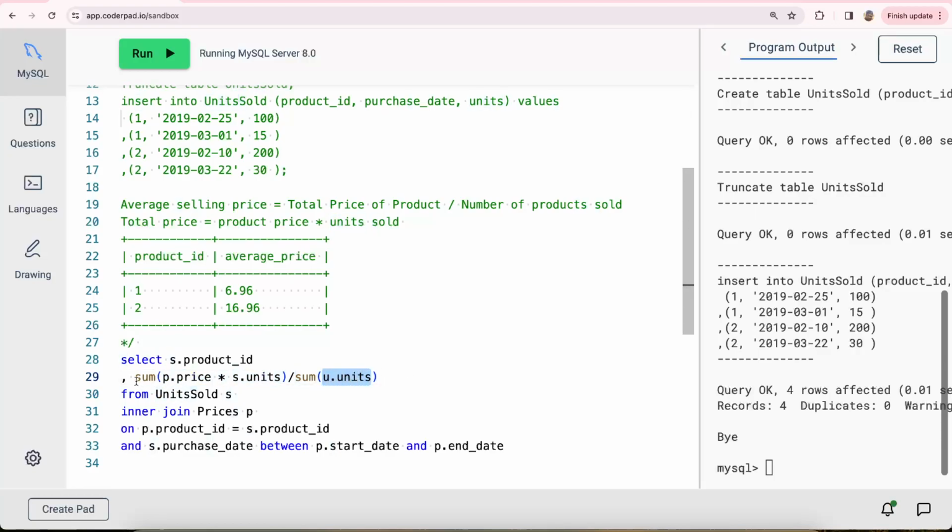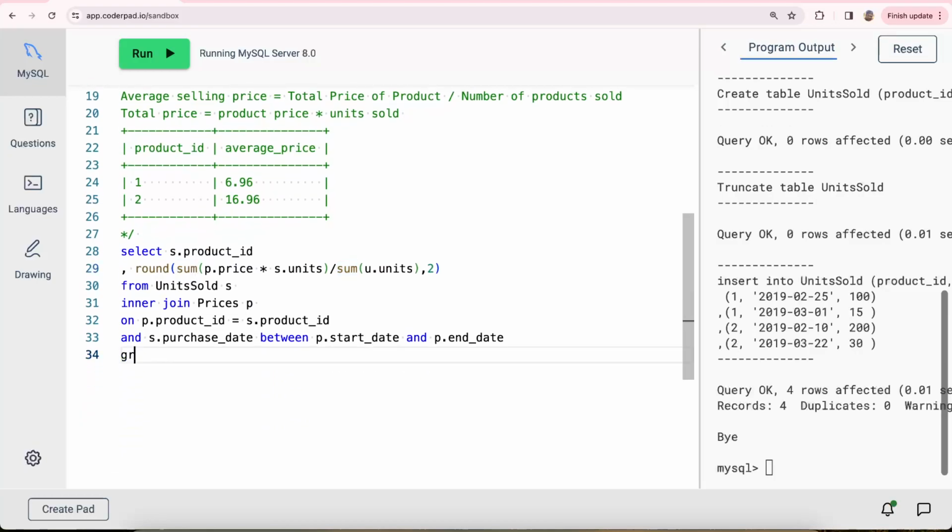So this will give you the average price, and we have to round this to 2 decimal places. And since we use the sum aggregation function, we have to use the group by. You can say product ID or 1.